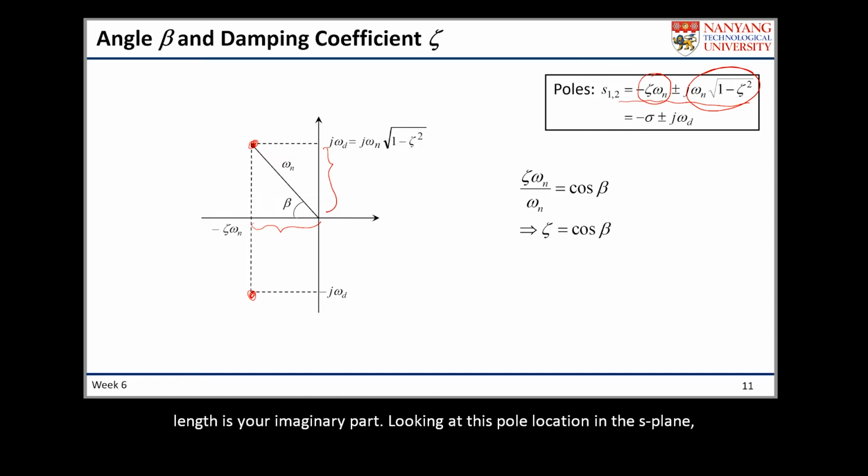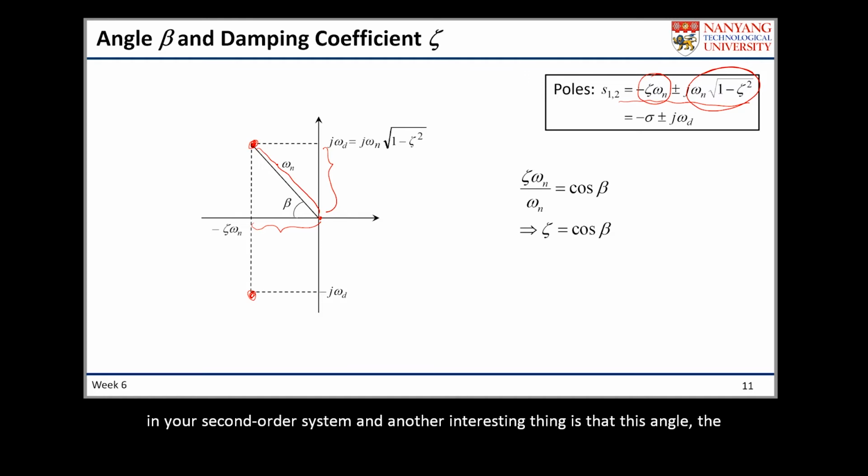Looking at this pole location in the S-plane, you can also immediately see that the length from either one of these poles to the origin, so this length, is equal to omega n, the undamped natural frequency, one of the parameters in your second order system.